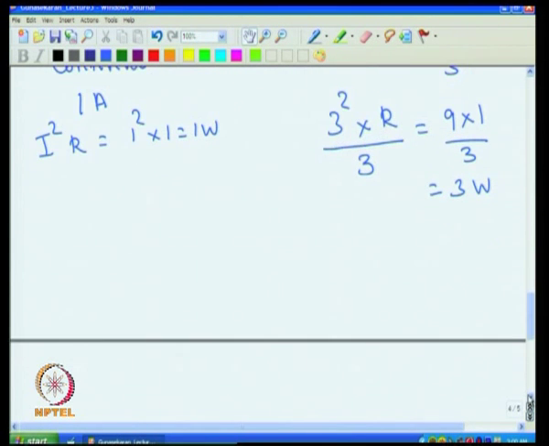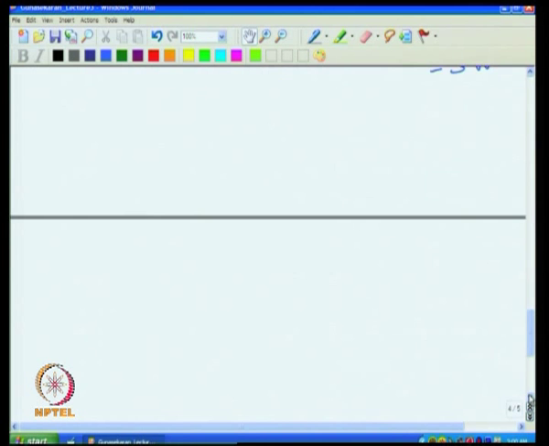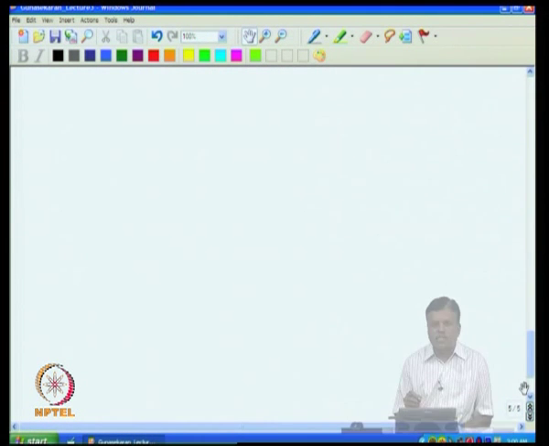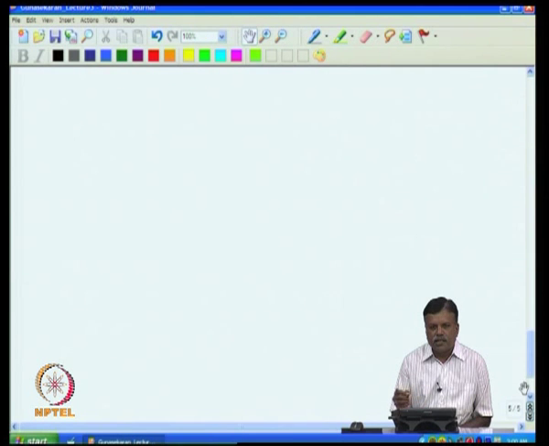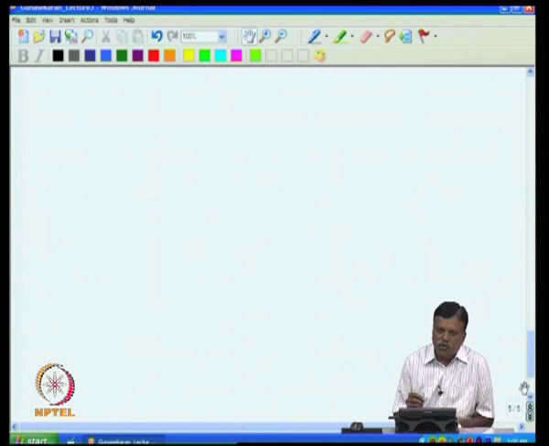transformer actually. So, when you are using a linear supply, it is obvious that we have to go for a much higher capacity transformer than normal, compared to using only a resistive load right at the secondary. Now we will discuss the new topic, namely how to design the transformer.